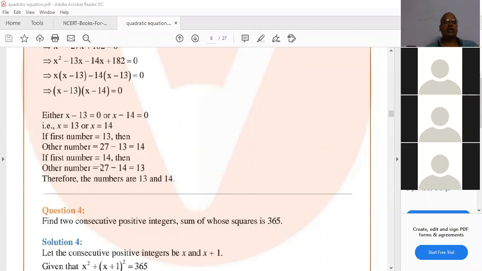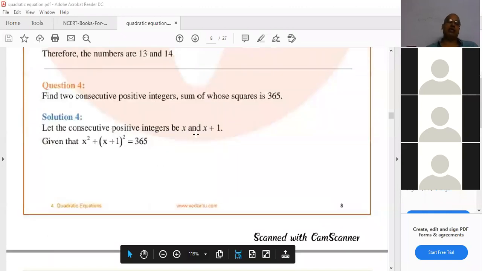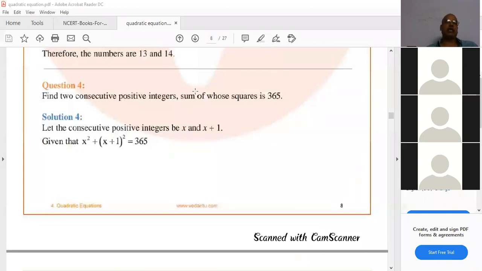And now see here. Let the consecutive positive integers be x and x plus 1. Sum of the squares of two consecutive integers means x square plus x plus 1 whole square, equal to 365.